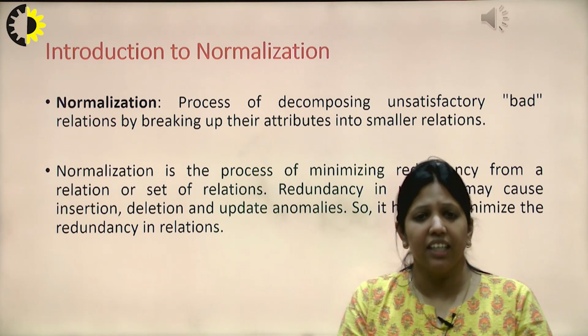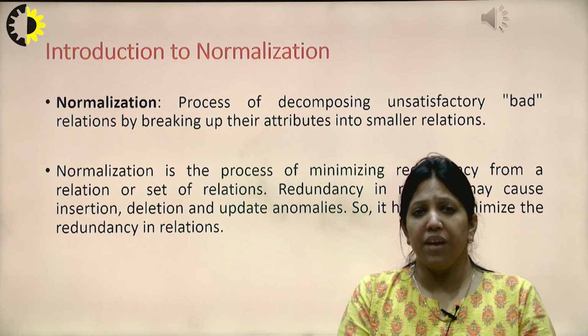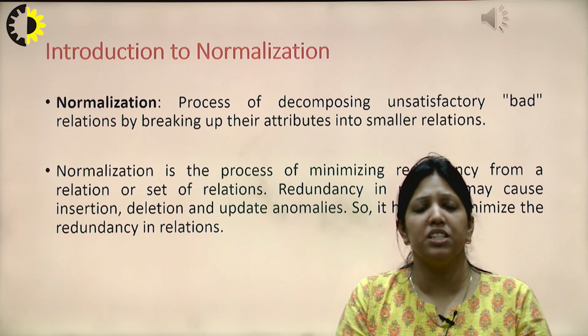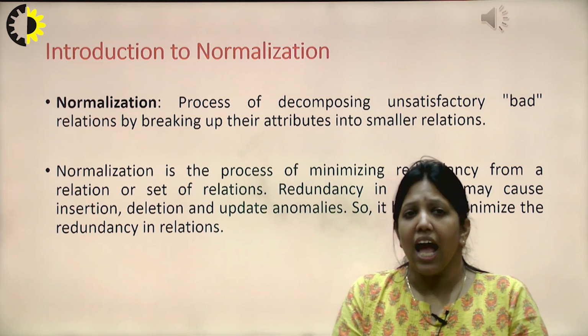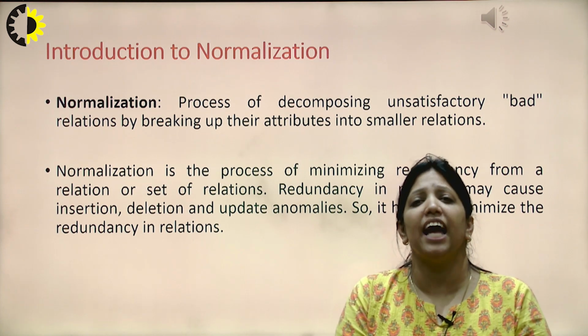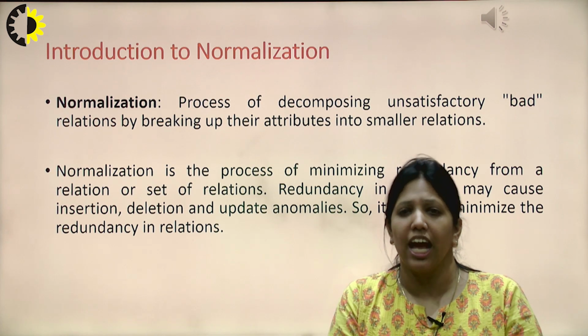If the same data is stored at multiple places and we make some changes in one copy, we have to make those changes in all the copies of that data. If we do not apply the process of normalization, then there is a chance of data anomalies, and these anomalies are of insertion, deletion and updation.